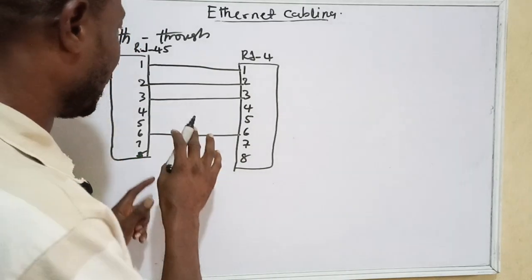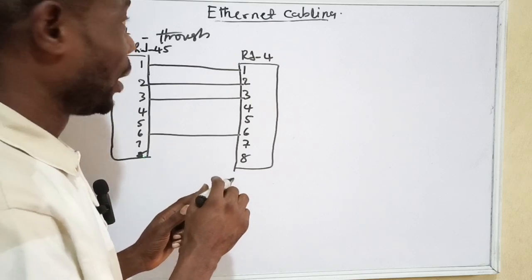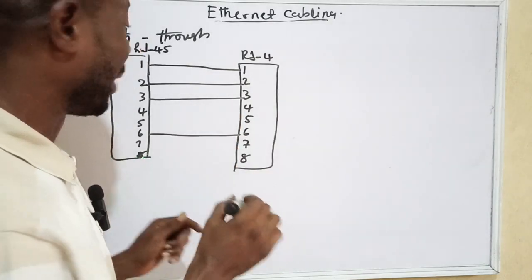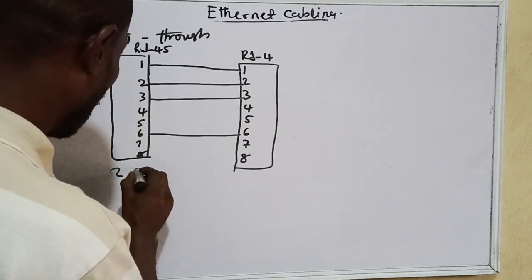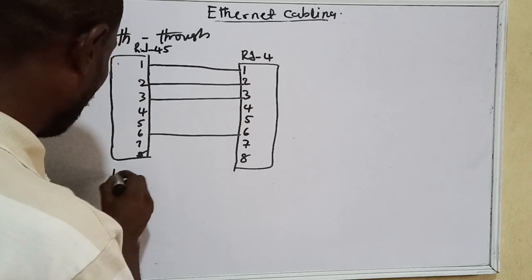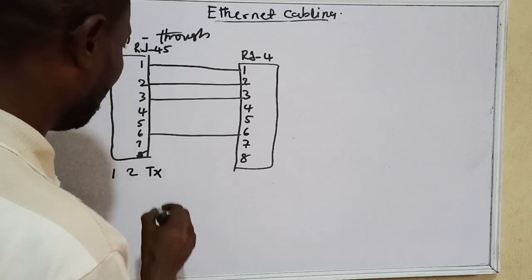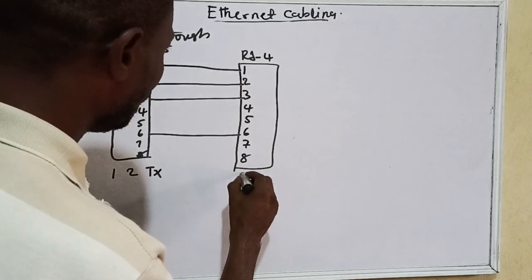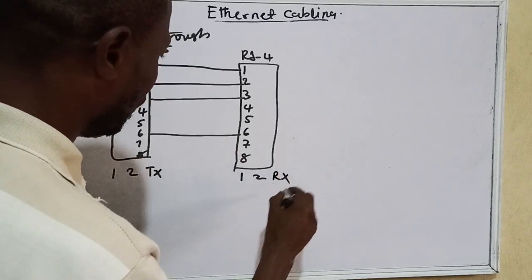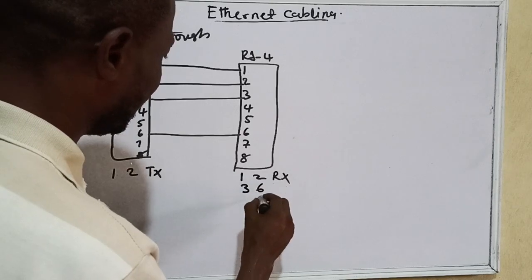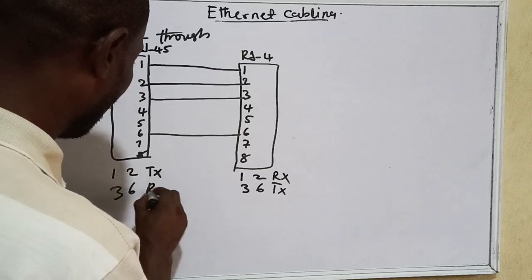This is how straight through cables are made, which can transmit at 100 megabit per second. Pins 1 and 2 are for transmit here, while 1 and 2 here are for receive. Now 3 and 6 are for transmit, and 3 and 6 here for receive.